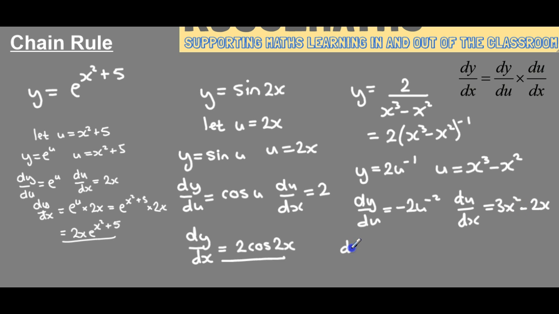So what we're going to need to do is multiply those together, and we're going to end up with -2, and I'm going to put u back in, and that's the -2, and that's being multiplied by our du by dx.